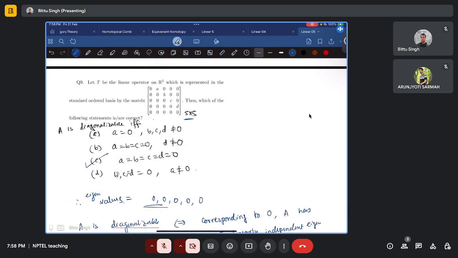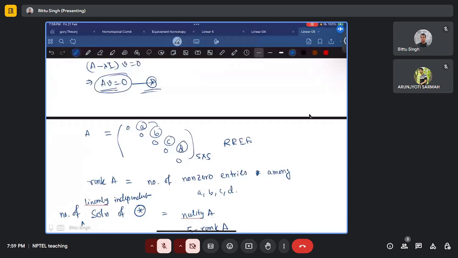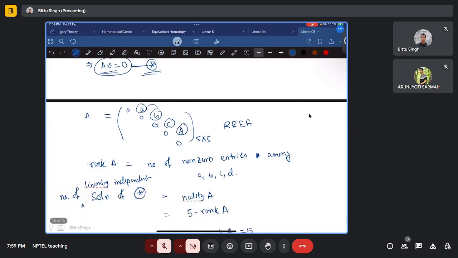Remember this fact, or this theorem. Diagonalizability means we must have n linearly independent eigenvectors. So an eigenvector corresponding to 0 will satisfy this system of equations. This system must have 5 linearly independent solutions. But 5 linearly independent eigenvectors are only possible when A, B, C, D are all 0.